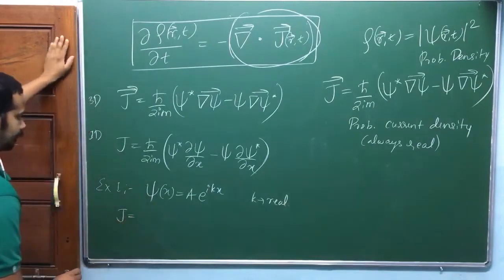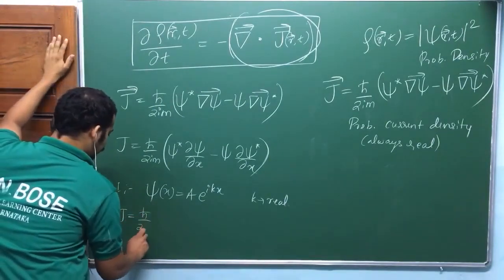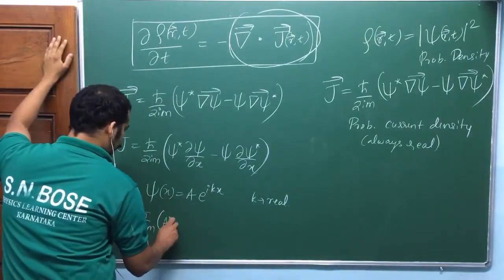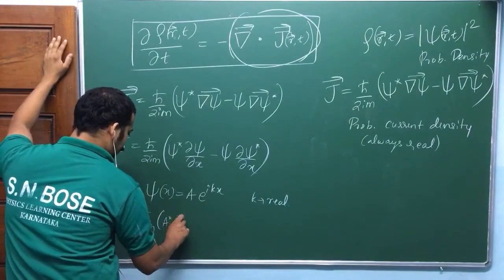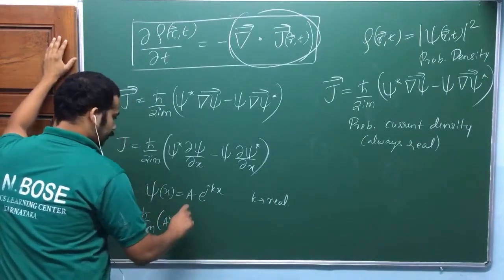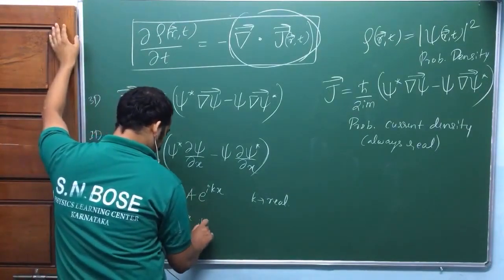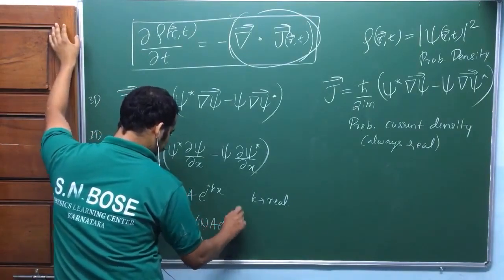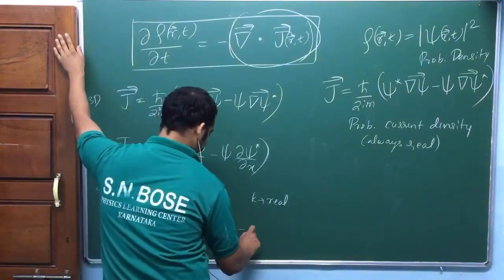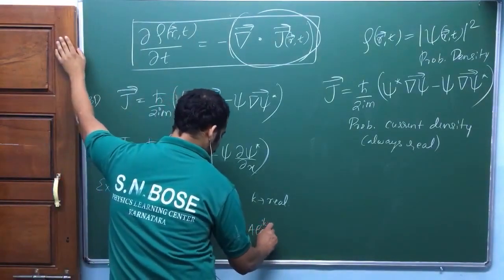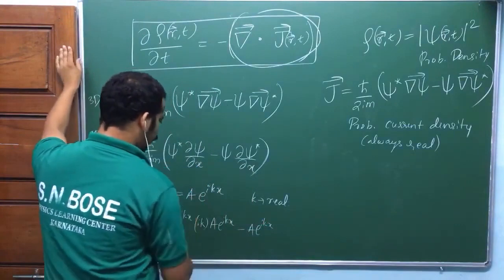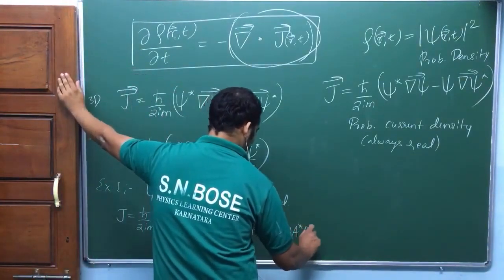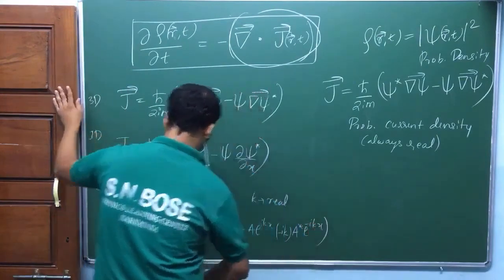J is equal to h bar by 2im, psi star, a star e power minus ikx, into dou psi by dou x, that means ik into a e power ikx, minus psi, a e power ikx, times the psi star derivative, which means minus ik would come, a star e power minus ikx. Check this out.